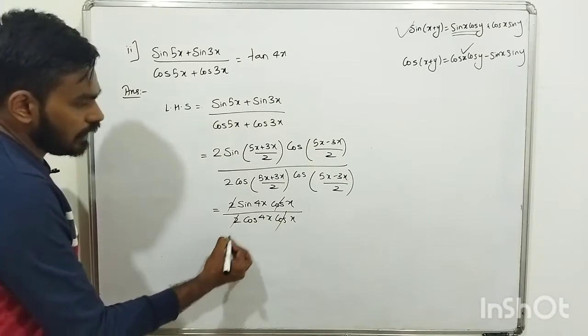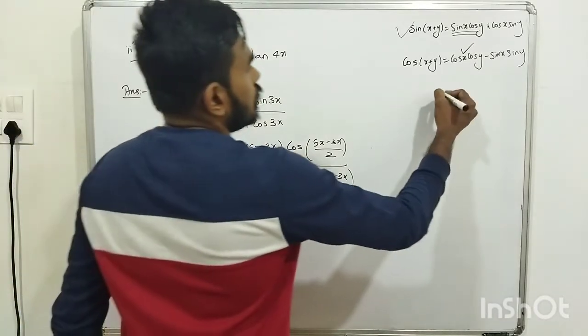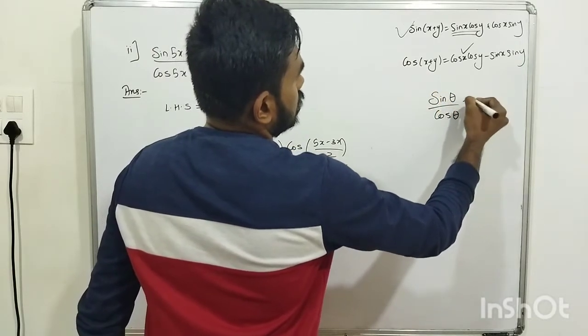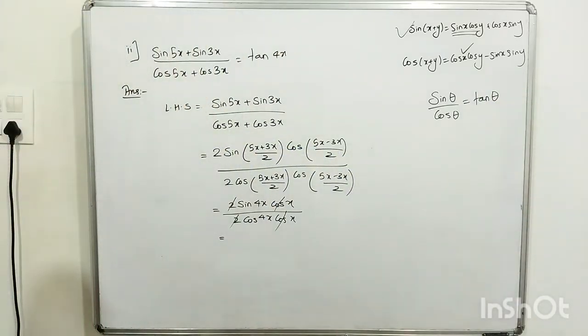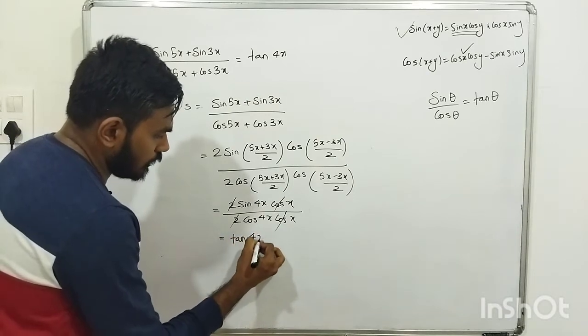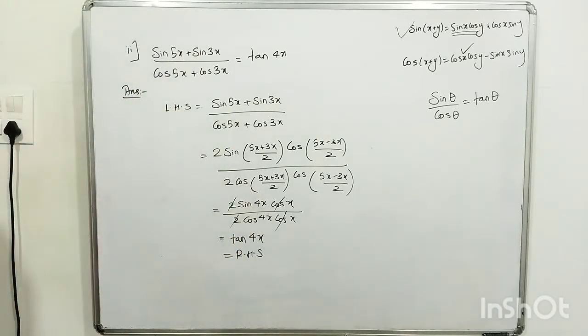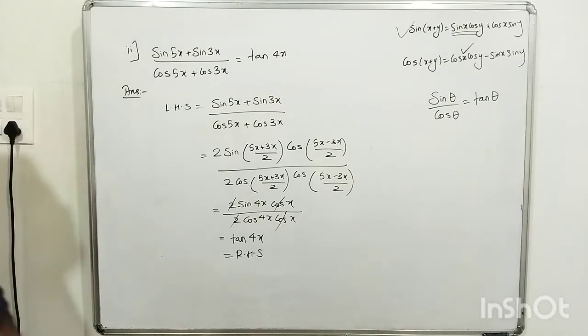And sin 4x upon cos 4x, sin theta upon cos theta, 10 standard formula. Sin theta upon cos theta is tan theta. That you have to write here. So tan 4x we get, which is equal to RHS. So this way we get this answer. Okay. Sin 5x plus sin 3x upon cos 5x plus cos 3x is tan 4x.